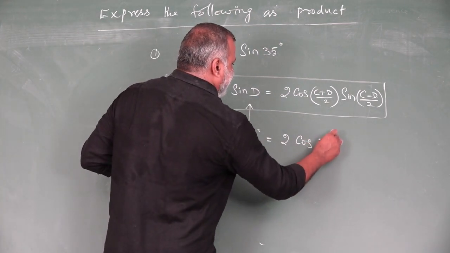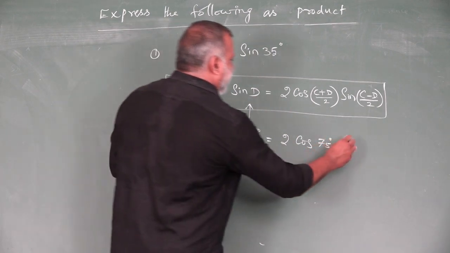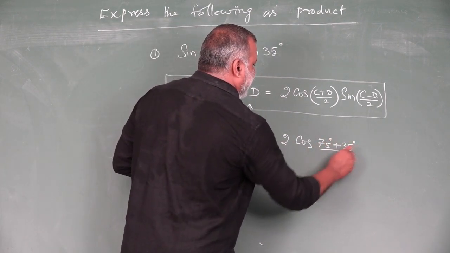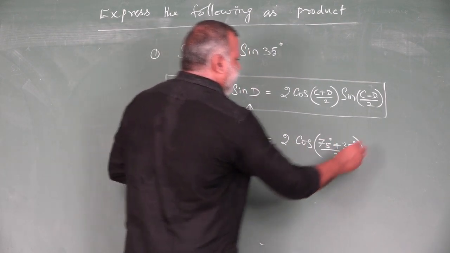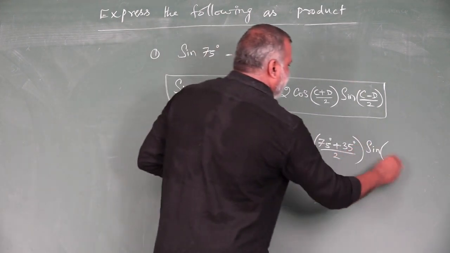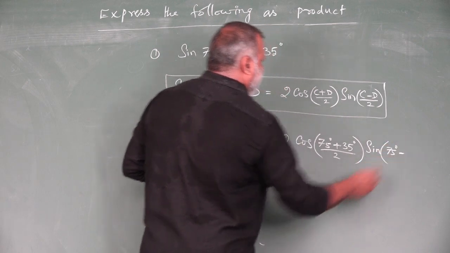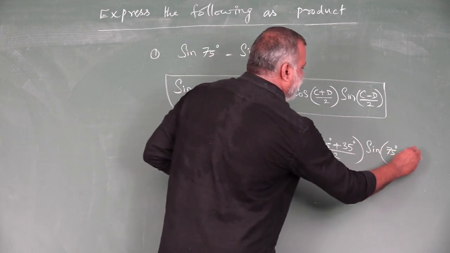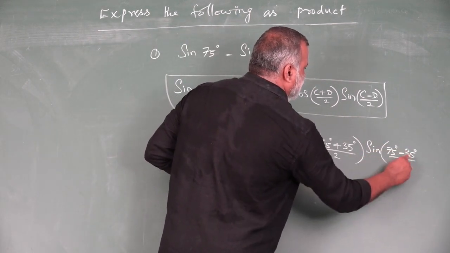Therefore 75 plus 35 divided by 2 into sin of C minus D by 2, 75 minus 35 divided by 2.